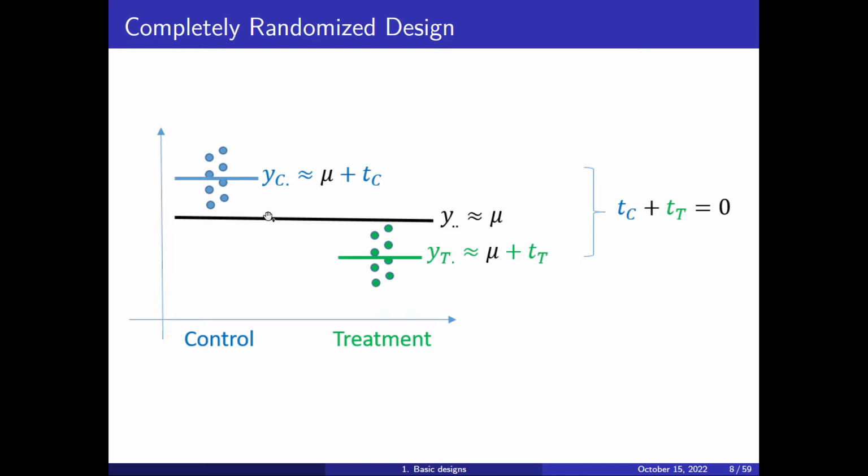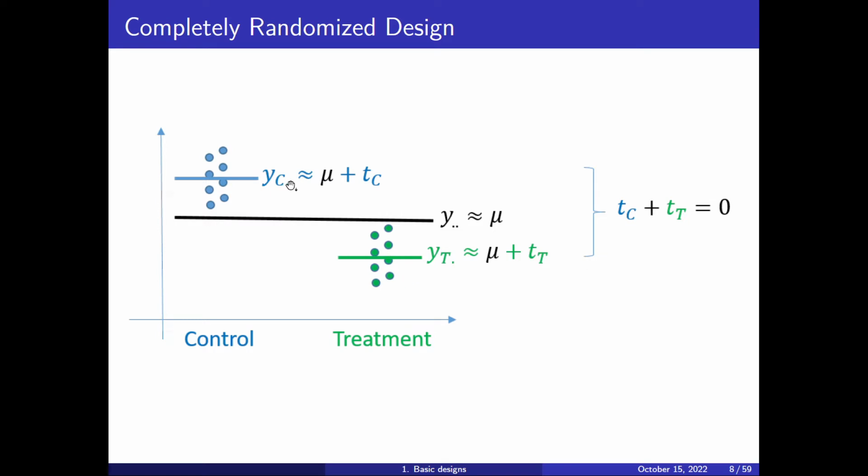So let's put some numbers. Let's say that hypertense people have a mean in the control of 16 millimeters, and then when you give the drug, it lowers to 14.